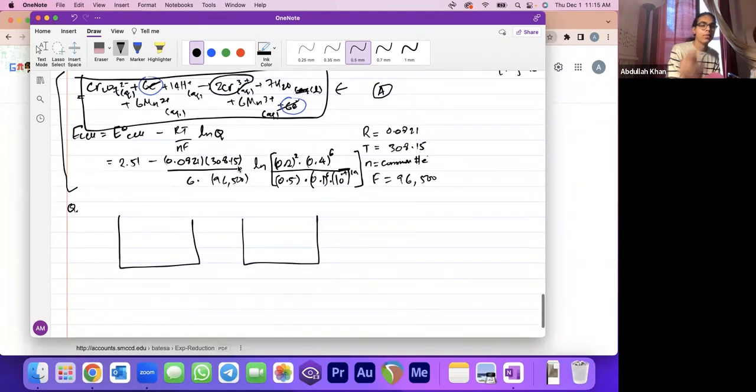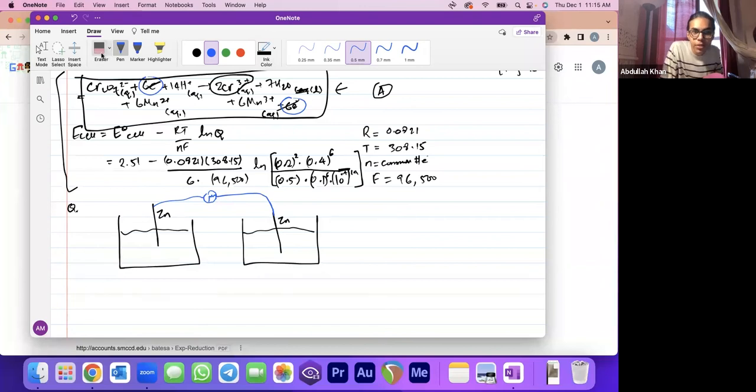Okay. Concentration cells. Let's say you have 2 solutions, zinc electrodes on each side, lighting a light bulb. My genius artistry shining brightly here.